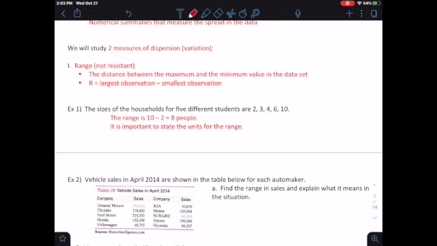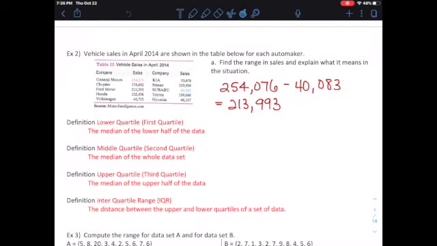Let's write that down. That's the maximum. Minus the least amount of cars sold, which is Subaru, and that is 40,083. And when you subtract them, the answer is going to be 213,993.